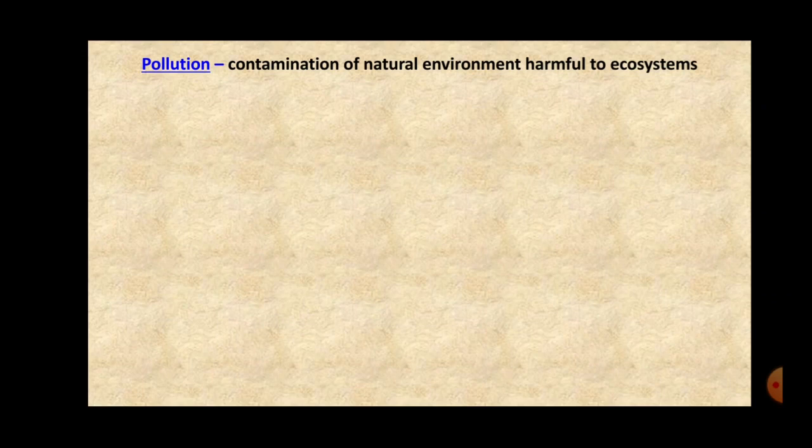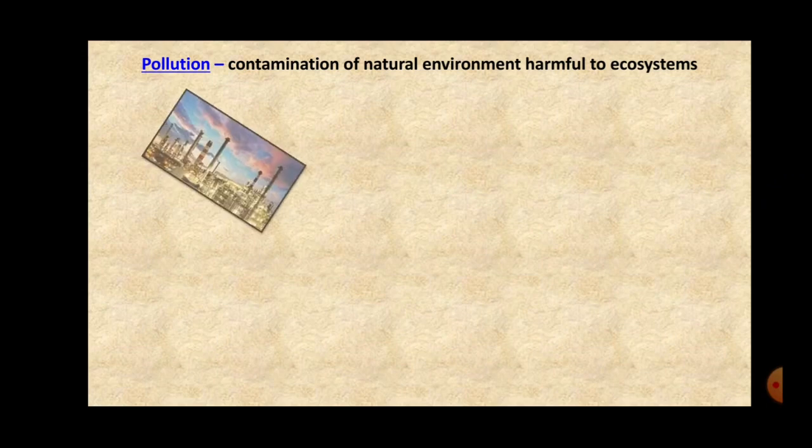So when this balance between the living and the non-living is disturbed, when the natural environment is contaminated, is polluted, then it is called pollution. So whatever natural environment is present on the earth, if it is contaminated, then it leads to pollution. And this is very, very harmful for the ecosystems which are found on the earth.